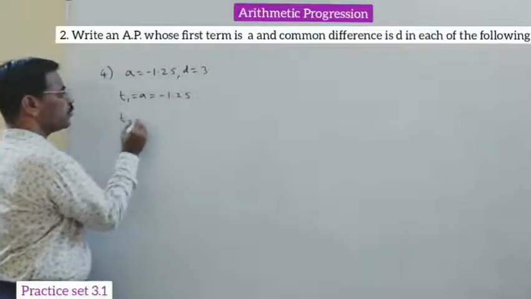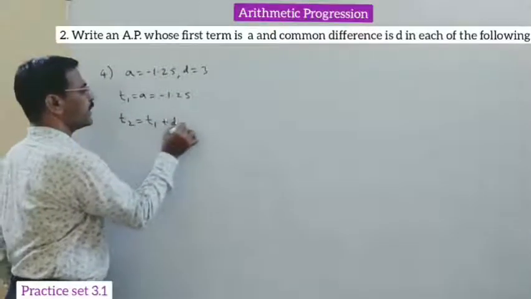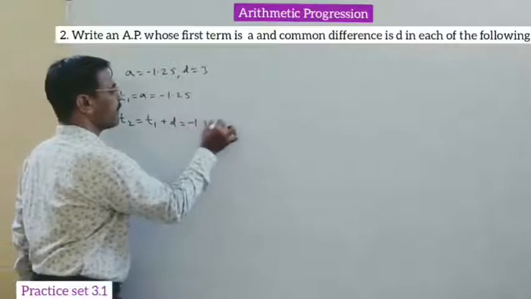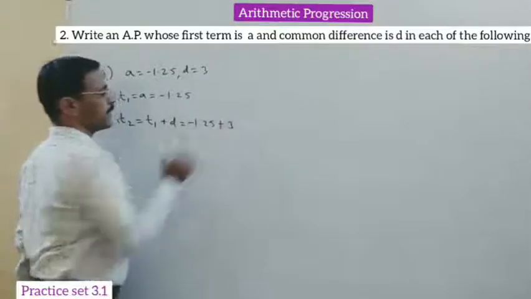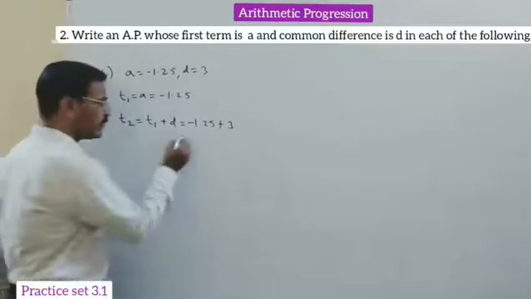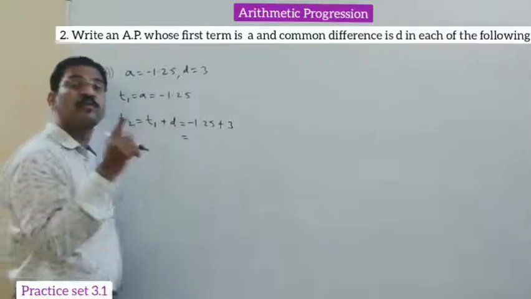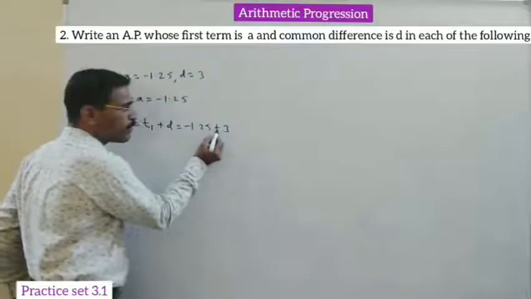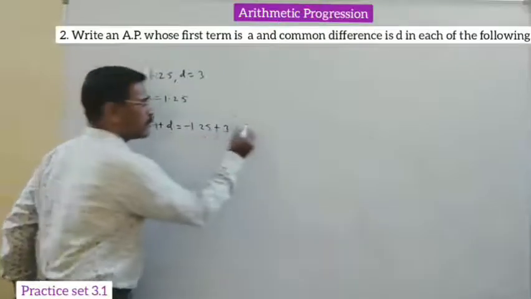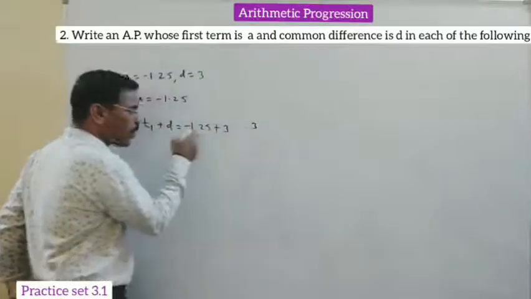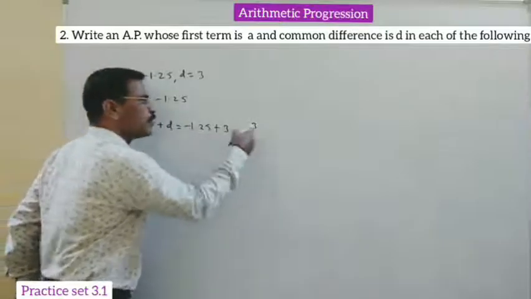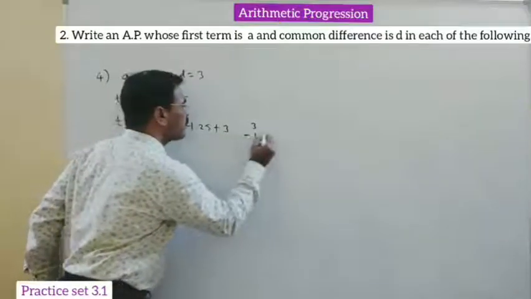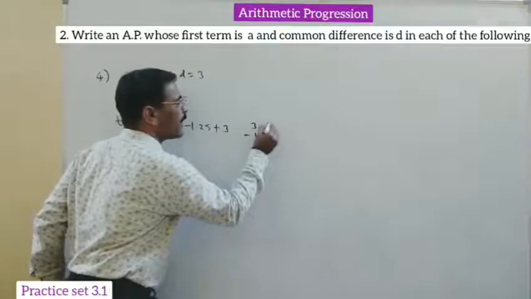Now, what about T2? T1 plus D. This is minus 1.25 plus D, D means 3. How much do you get here now? You can make some mistakes here. This is because of plus. 3 is the greater number, so subtract the smaller one from the greater. So 3 minus 1.25.